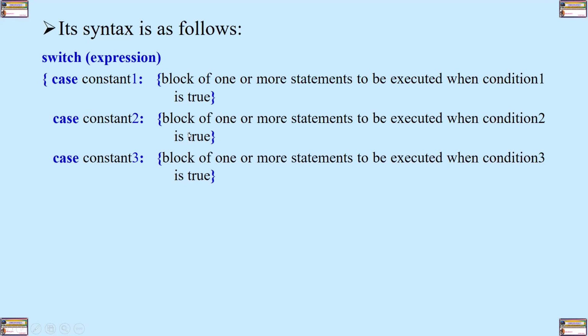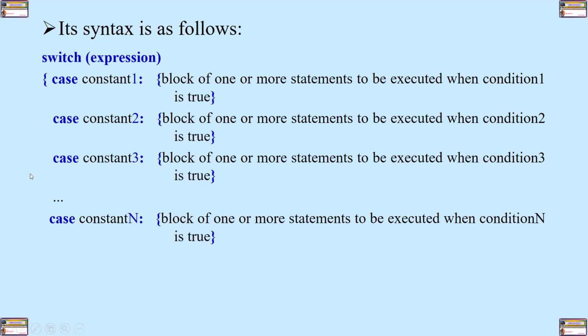Otherwise, the next one will be executed. Otherwise, the other one will be executed. So if, for example, the expression evaluates to 1, the compiler will go direct to case constant 1, execute the block of statements there, and exit from the block.